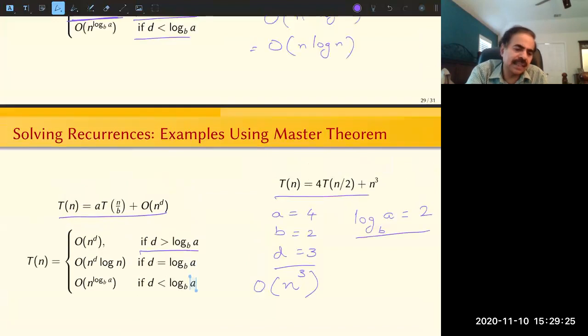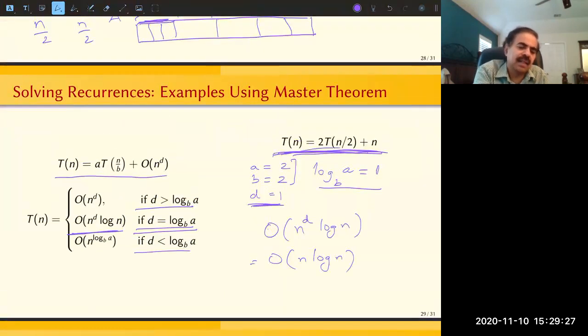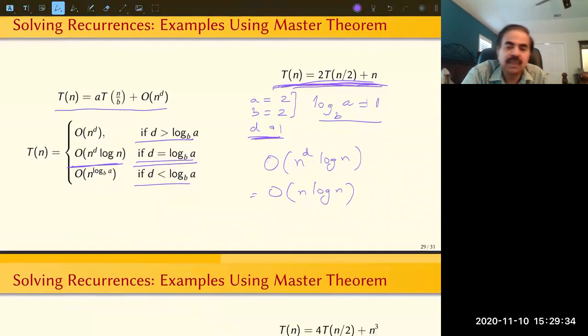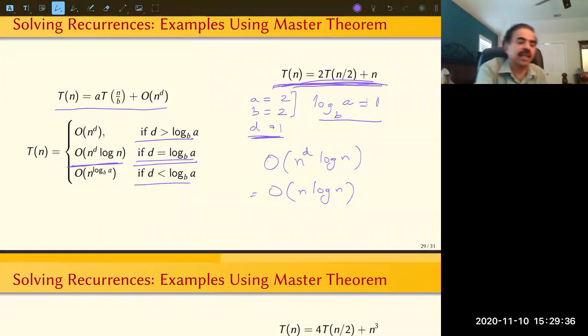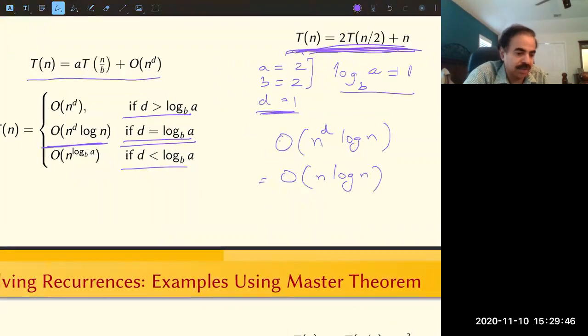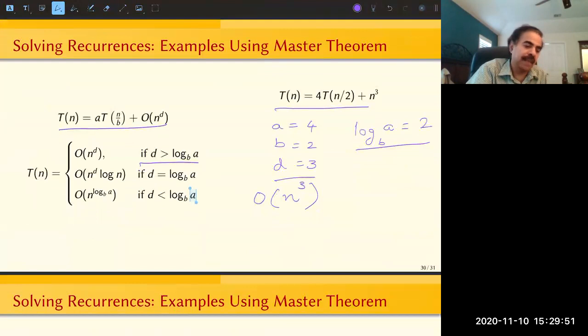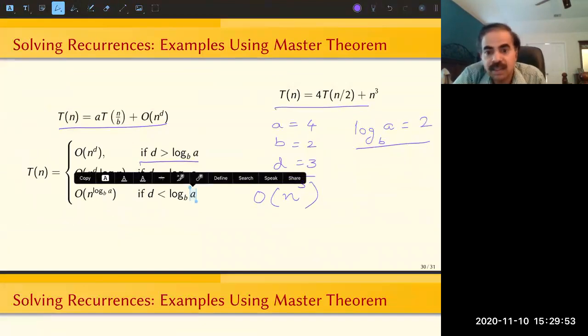In other cases, like here, it will be a little bit more difficult, but it's certainly within what you can do by using plug and chug. It just takes time. To use the plug and chug method, you probably take 15 minutes to solve the problem, whereas if you are just applying this master theorem, it'll take you half a minute or 1 minute.